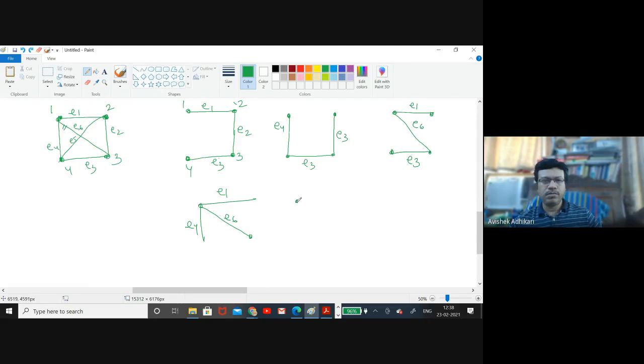So maybe one may go like this. So you can see that there are plenty of such trees here. Within this graph, you can have plenty of trees which contain all the vertices, right?